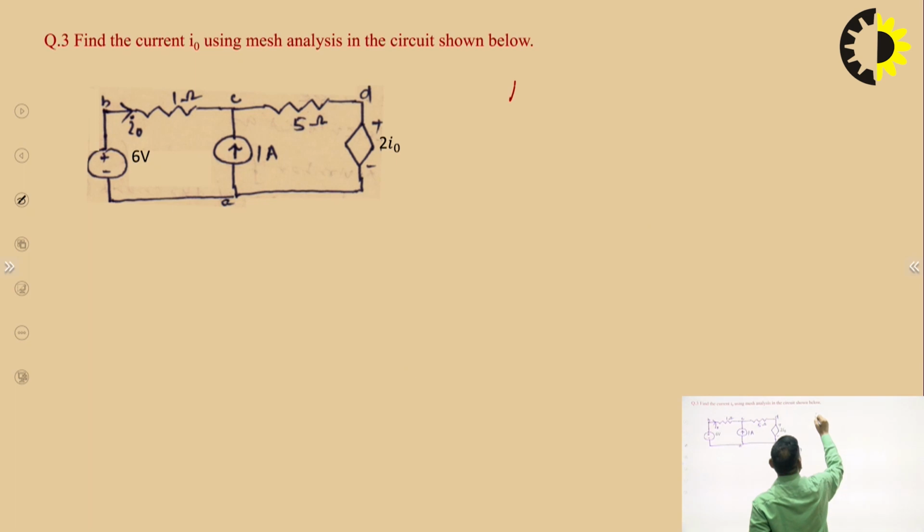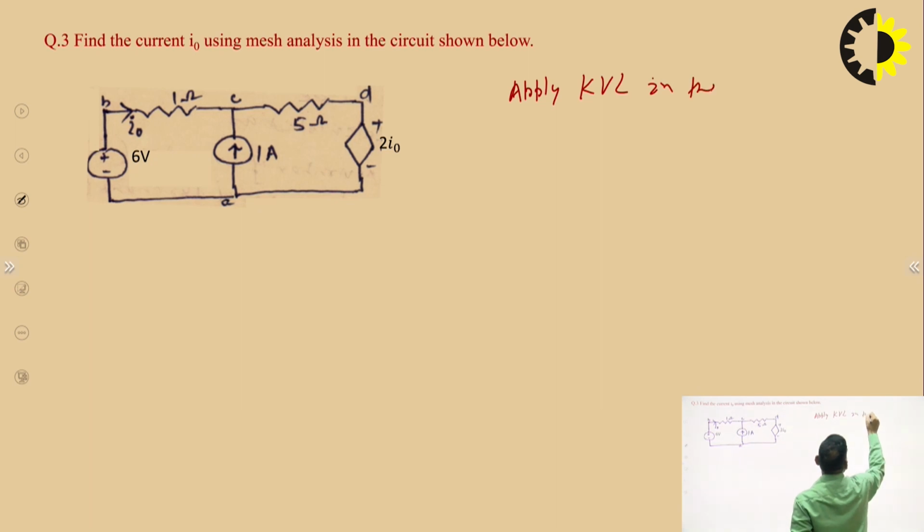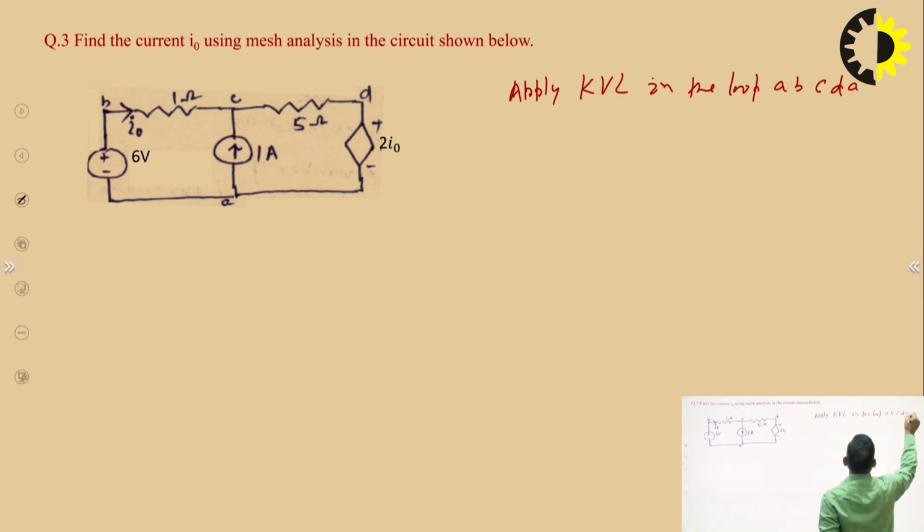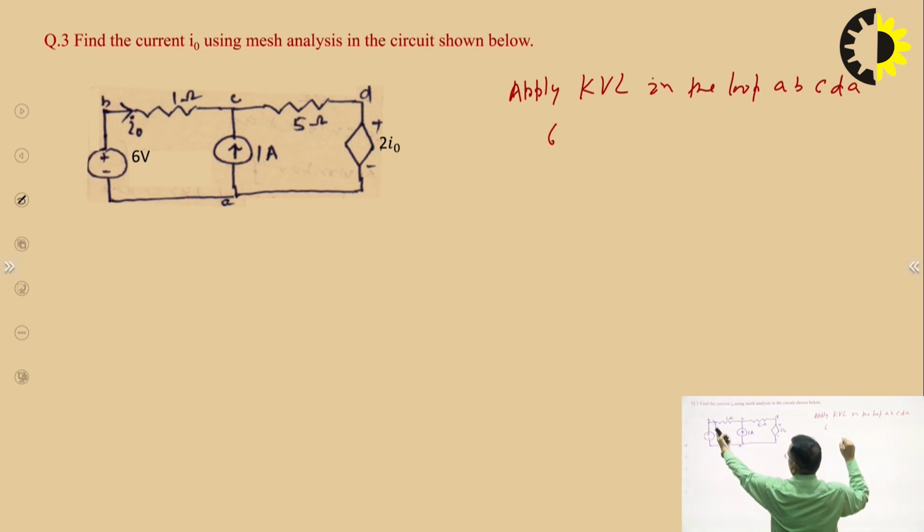Apply Kirchhoff's voltage law in the loop A, B, C, D, A. So A to B it is 6 volt. Now B to C, minus I0 into 1, so it is I0.